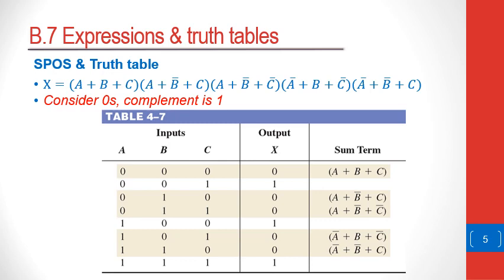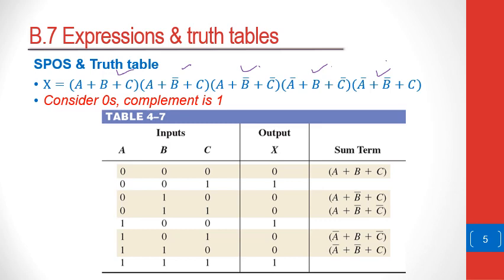Now, on the other side, when you want to move from the standard product of sums to the truth table, or vice versa, you do the opposite. You consider the zeros. Each sum is a 0, which means by simply looking at the expression, we can tell that the truth table will have 5 zeros.